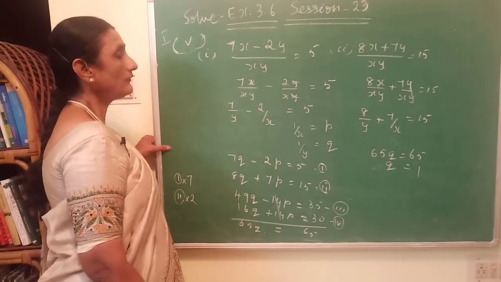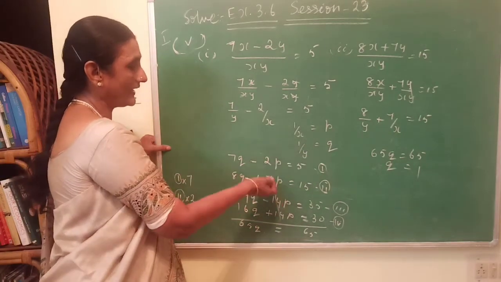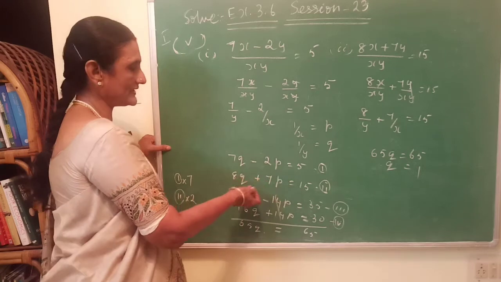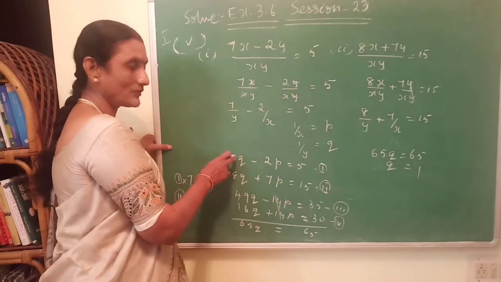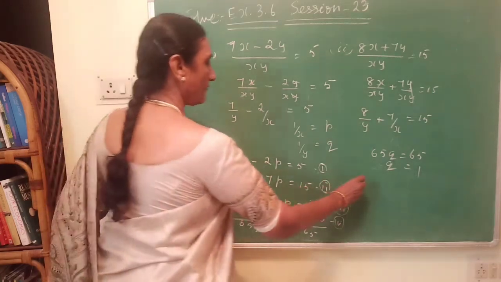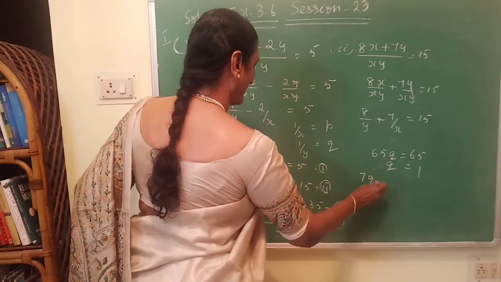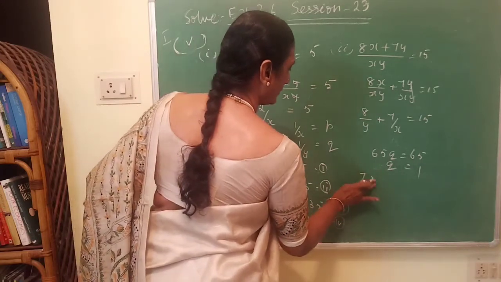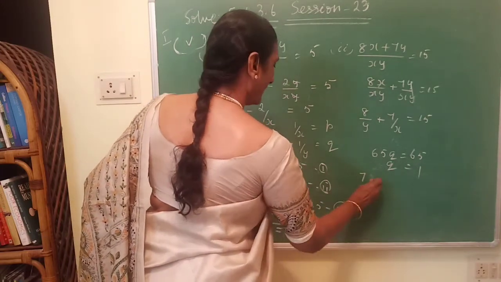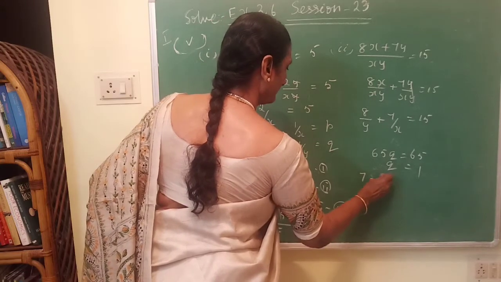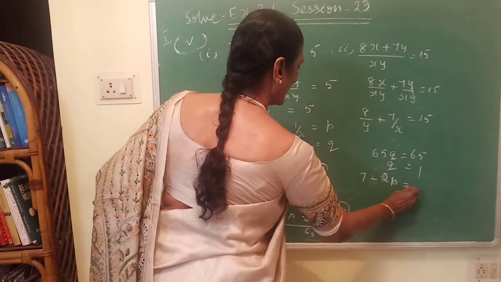Now we have to substitute this q value in any one of these equations. I have decided to substitute in equation 1. Instead of 7q, I write 7, so 7 minus 2p is equal to 5.